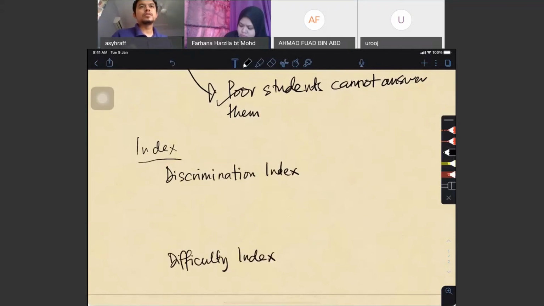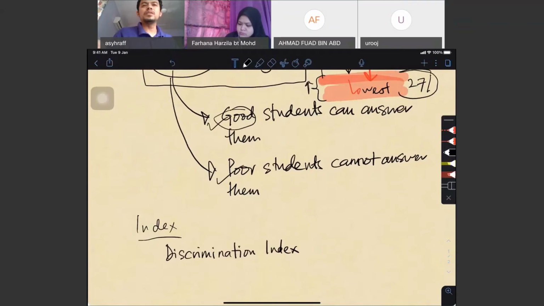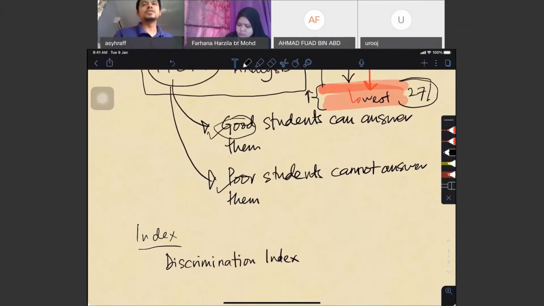Do you understand what the discrimination index is? It discriminates between the good students and the poor students, or we say the high performers and the low performers.